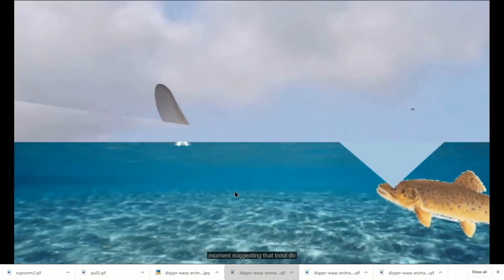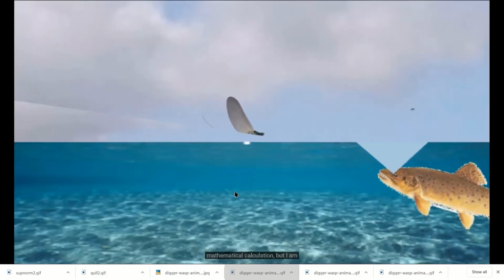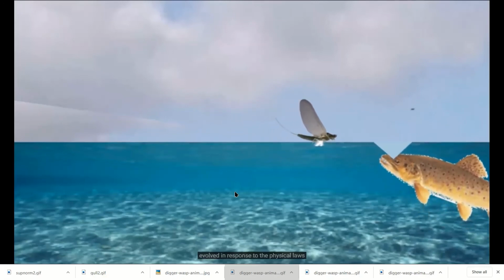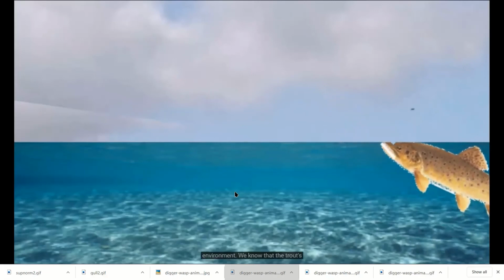I'm not for one moment suggesting that trout do mathematical calculations, but I am suggesting that the trout's behavior has evolved in response to the physical laws which describe their everyday environment.